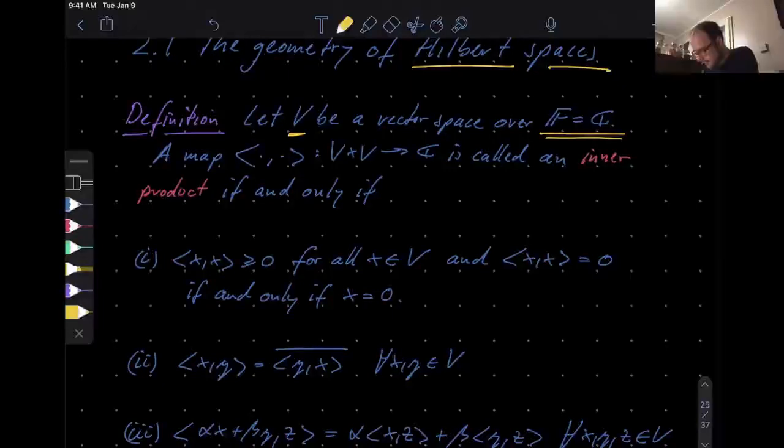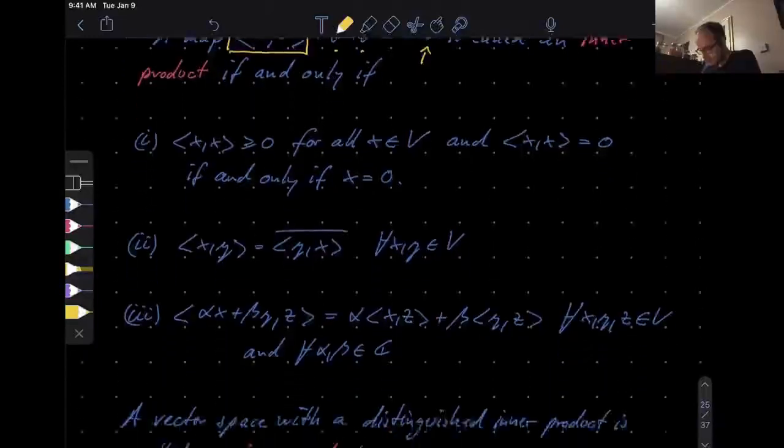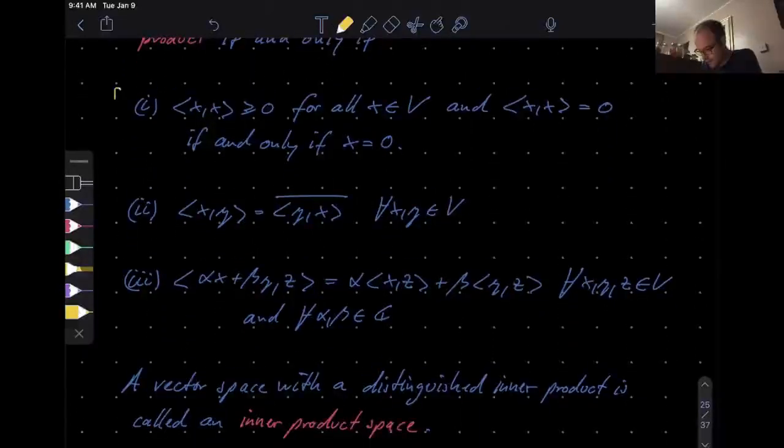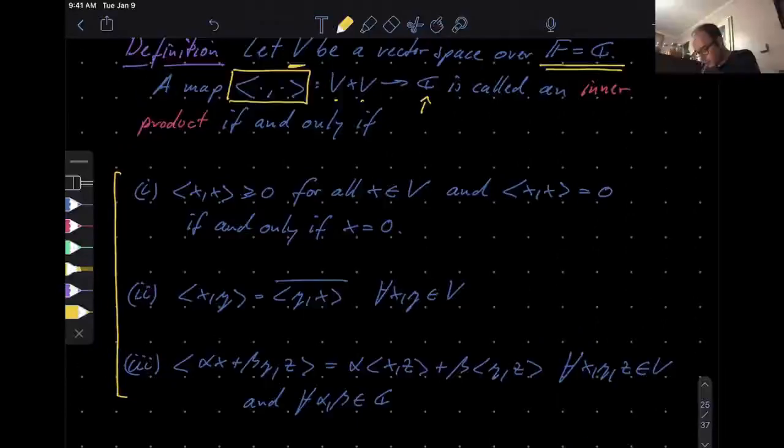What is an inner product? We will use this notation, these bra and ket brackets that maybe you know from quantum mechanics. This is simply a map that takes two vectors and spits out a scalar, here a complex number. It's called an inner product if three properties are satisfied. Those are the ones written here.